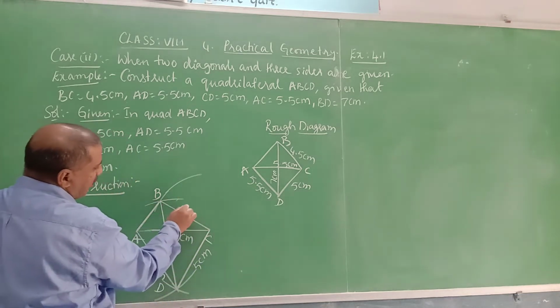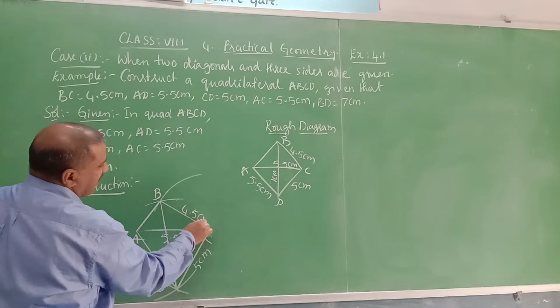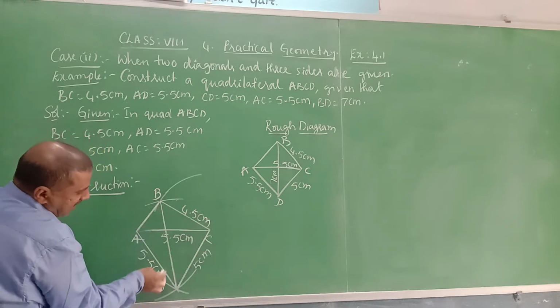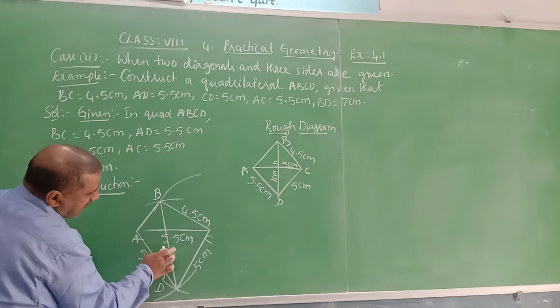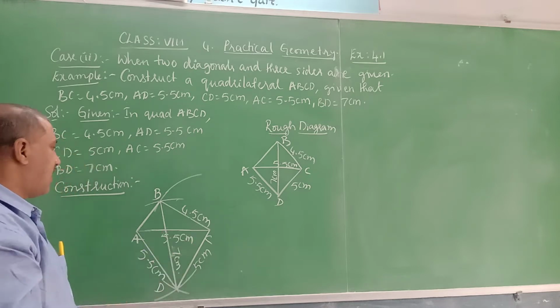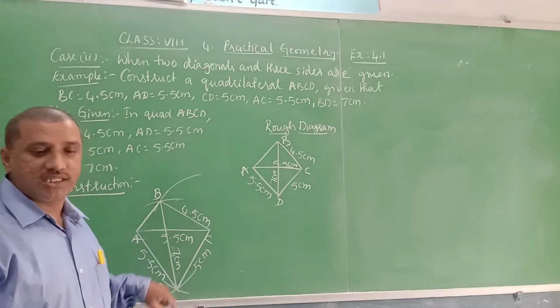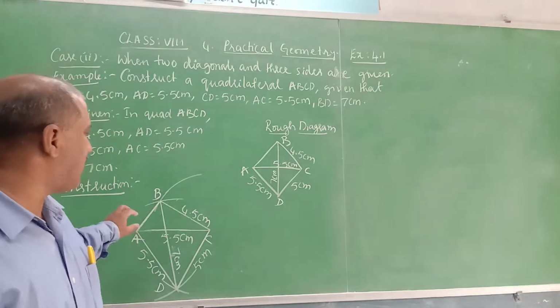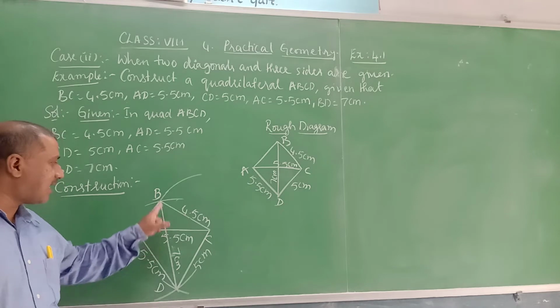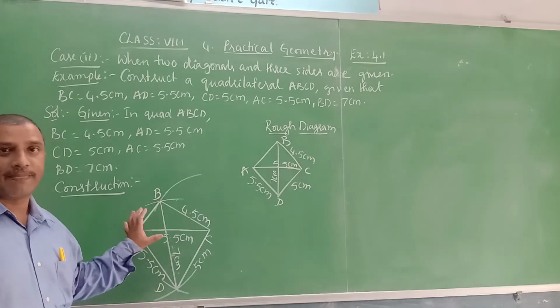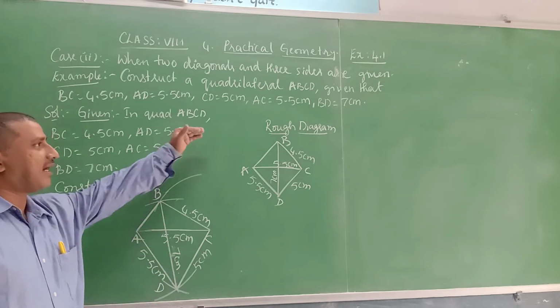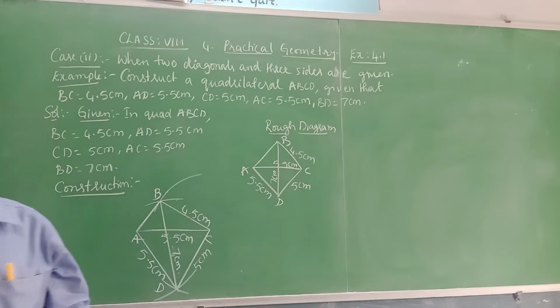Now BC is 4.5 centimeters and BD is 7 centimeters. Like this, we will construct a quadrilateral when we know the 3 sides and 2 diagonals. Clear? Now we will write the steps of construction.